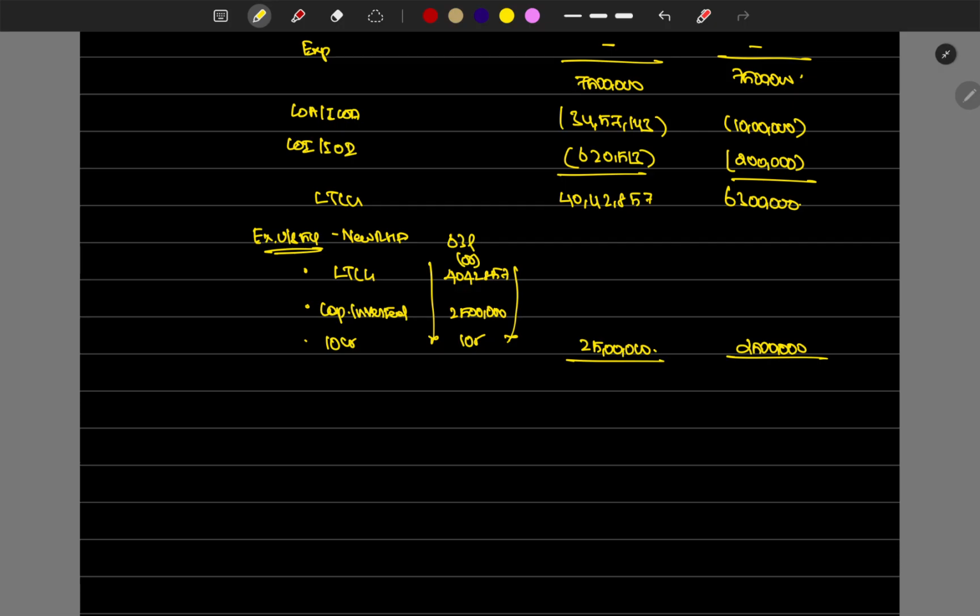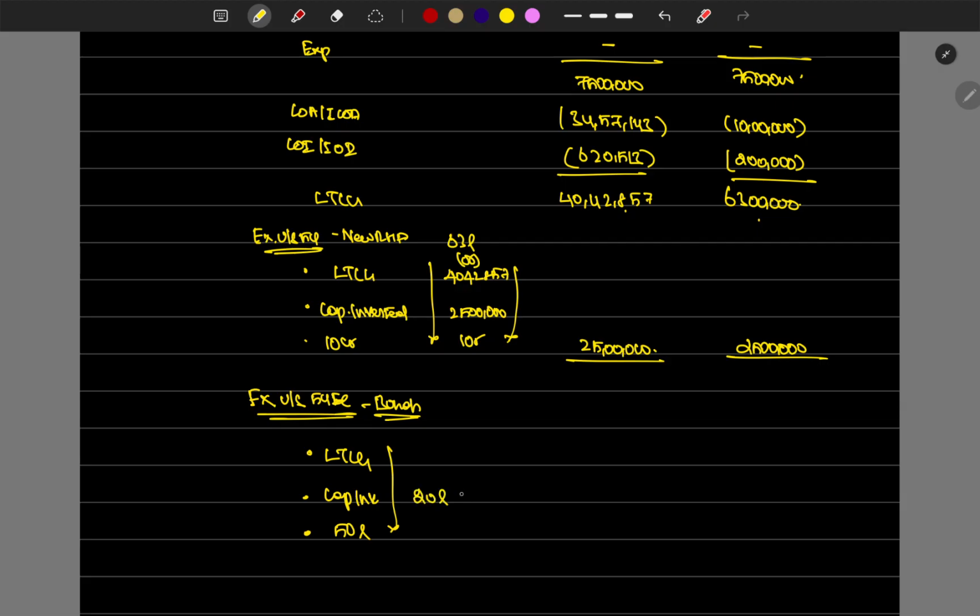After that we have to consider another exemption, which is 54EC. He has purchased bonds also. How much has he invested? LTCG, capital invested, and statutory limit 50 lakhs, whichever is lower. How much is the capital invested?